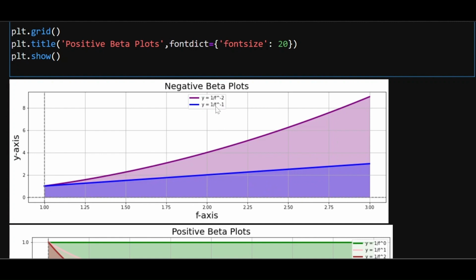Now, as we raise this beta to -2, the power spectral density becomes proportional to the square of the frequency, and so the slope becomes higher. Now this purple or violet color plot gets generated. It's also known as violet noise or purple noise, and it has a higher slope in comparison to blue noise.